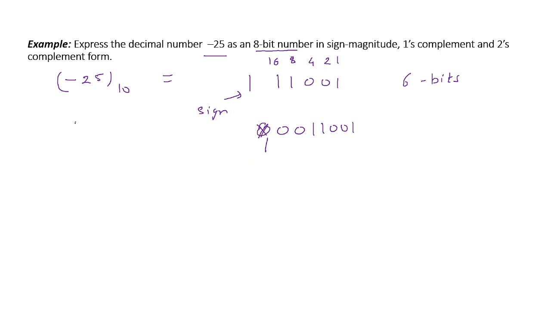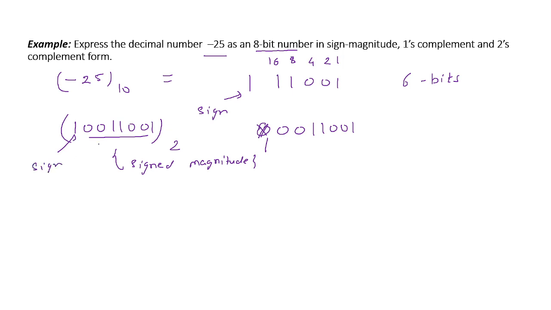So now we have the number 10011001, which is minus 25 in signed magnitude form. Here this 1 is the sign bit and 0011001 is the magnitude.